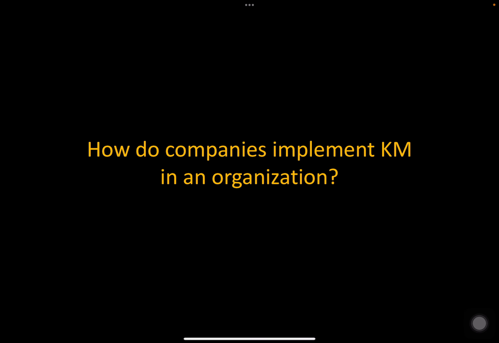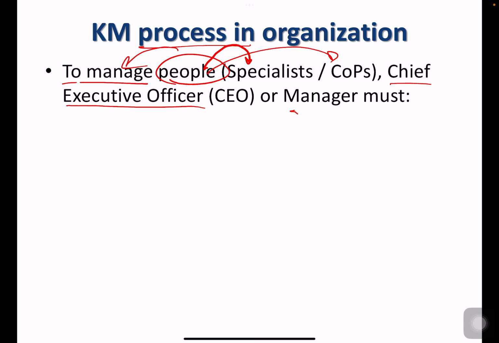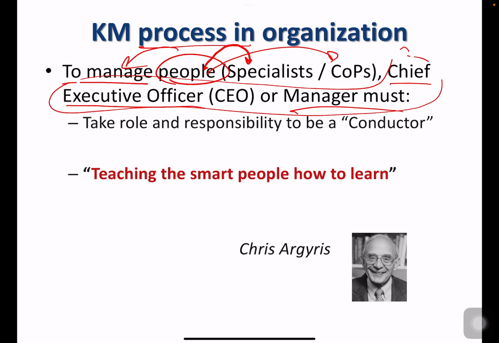So how do companies implement knowledge management in an organization? By the process, okay, by the process. The process means to manage the people, and the people are specialists, a COP, community of practice, the chief executive officer, and managers. We should design a process to manage the knowledge workers, or to manage the people.